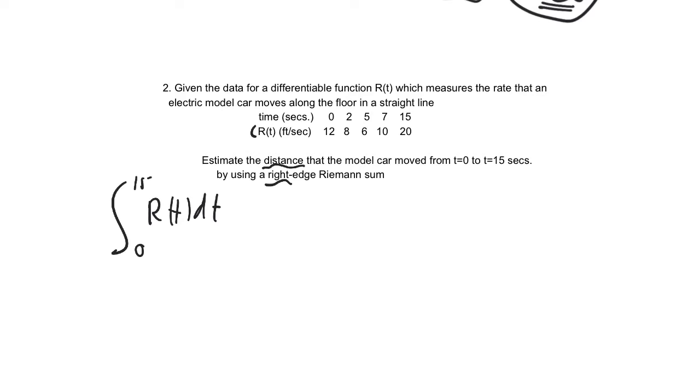They want to use right-edged rectangles, so that means that I'm only going to use these y values. Notice that the spacing between each x-coordinate is not the same, so therefore you cannot use any shortcuts. You have to find the rectangles one by one. In any event, the first rectangle has a width of 2 and a height of 8, so that's going to be 2 times 8.